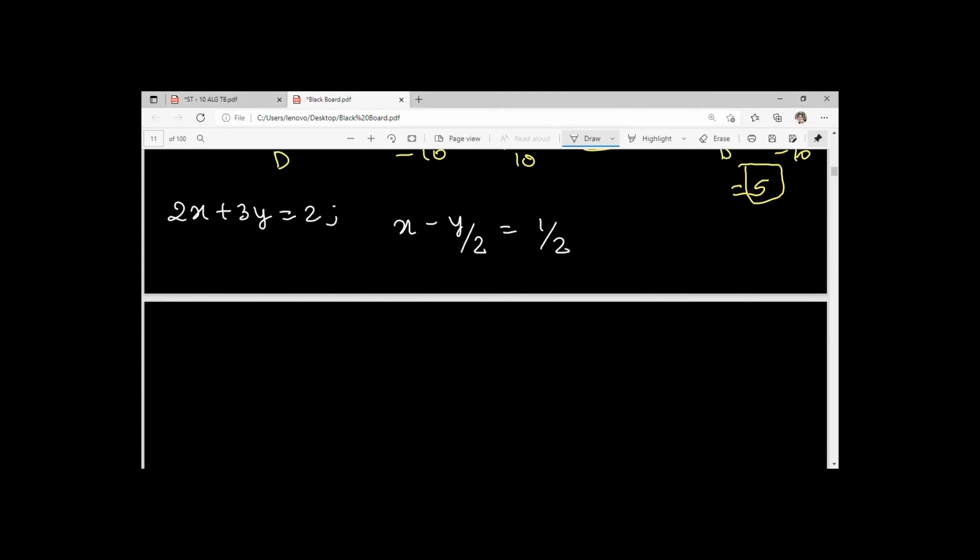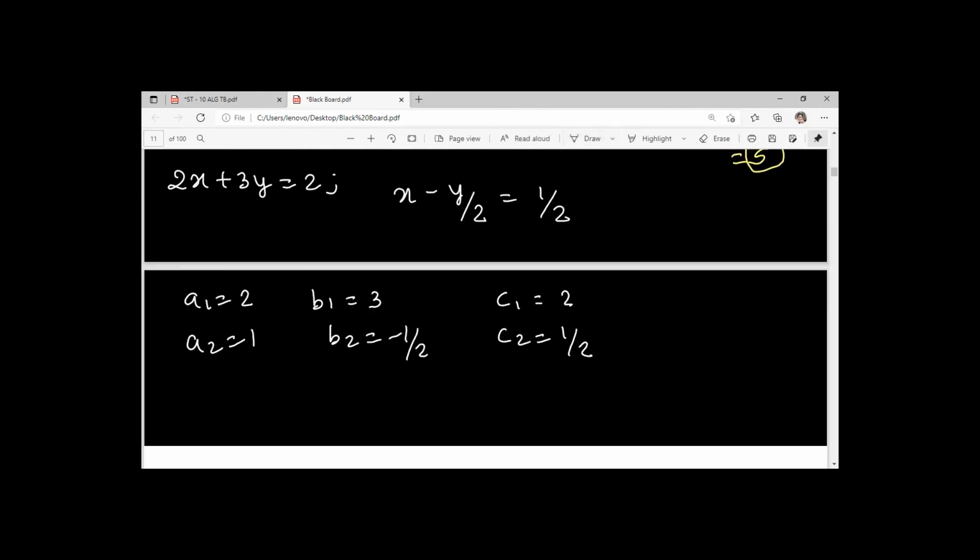It will be easier on our part. A1 is equal to 2, A2 is equal to 1, B1 is equal to 3, if I'm not wrong, B2 is equal to minus 1 by 2, C1 is equal to 2, C2 is equal to 1 by 2. Okay, let's go ahead.